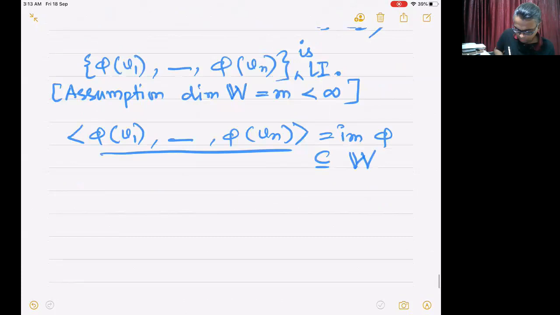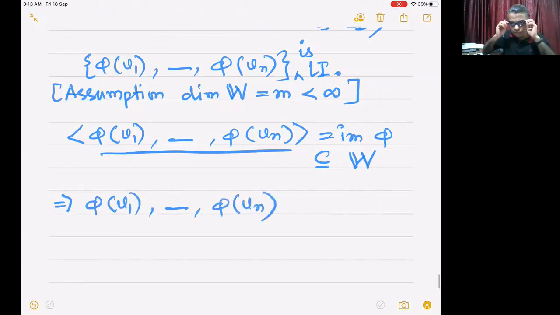So this implies phi v1 up to phi vn, if it is full, then there's nothing to be done. It's already surjective, and we already know that 1 to 1 and onto together would mean that it's bijective, so the inverse would exist. So left, right, both inverses would exist. But here we have only the information that it's 1 to 1. It doesn't have to be onto. So suppose this is not onto, which means it's not full.